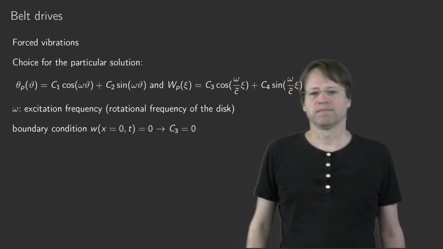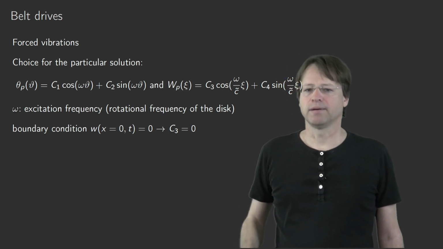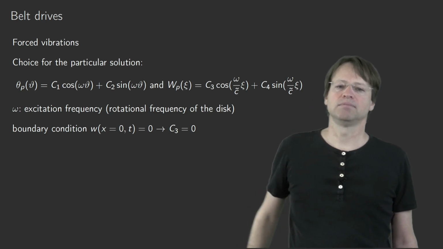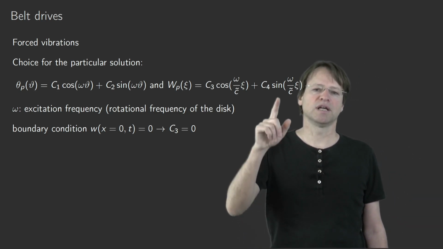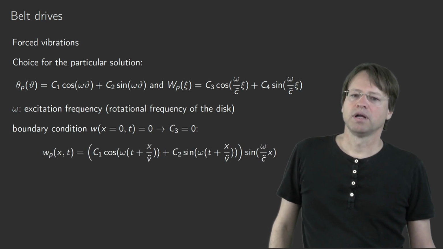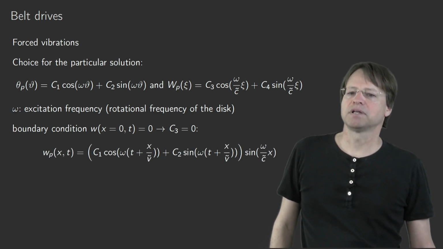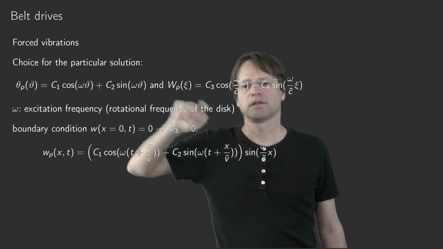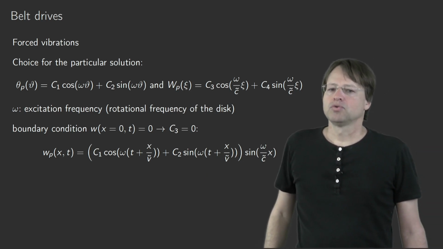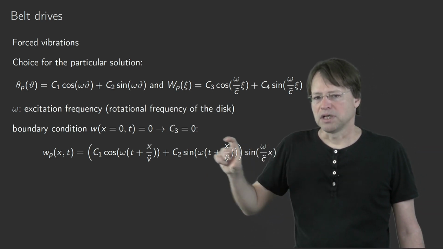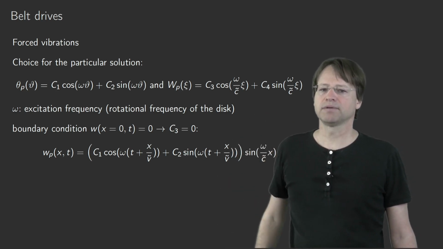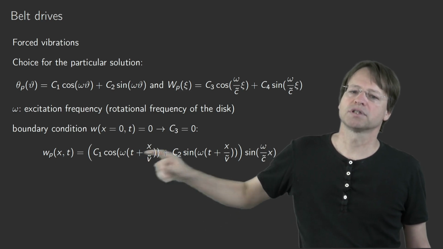So the boundary condition, well, the first one is the same as before. Therefore the result must be the same as before. C3 will be switched off, equal to 0, so we get only the term in C4. If we then multiply the functions theta and W to get the complete particular solution after application of the first boundary condition, we then have two constants left.